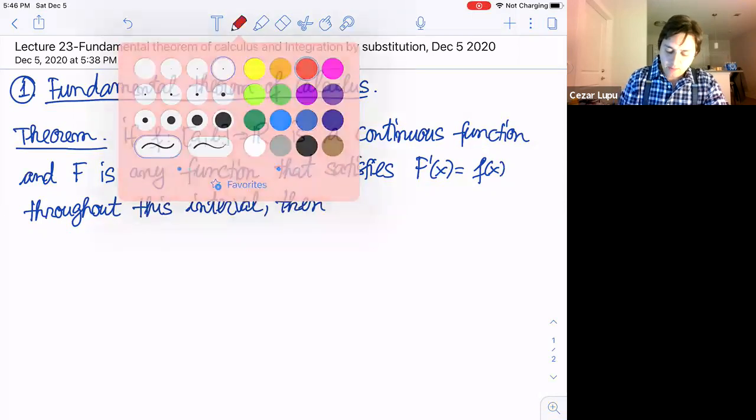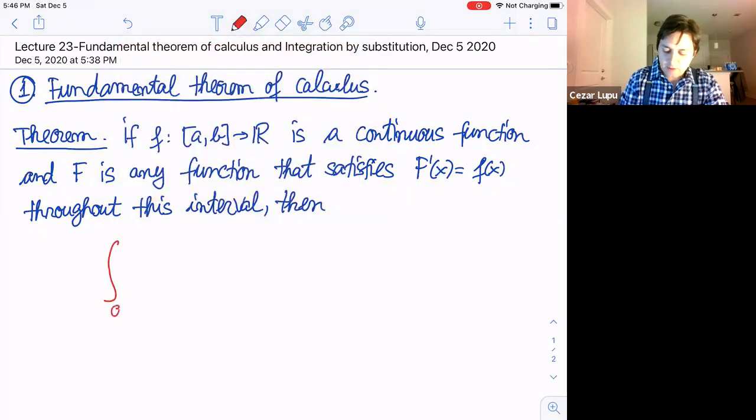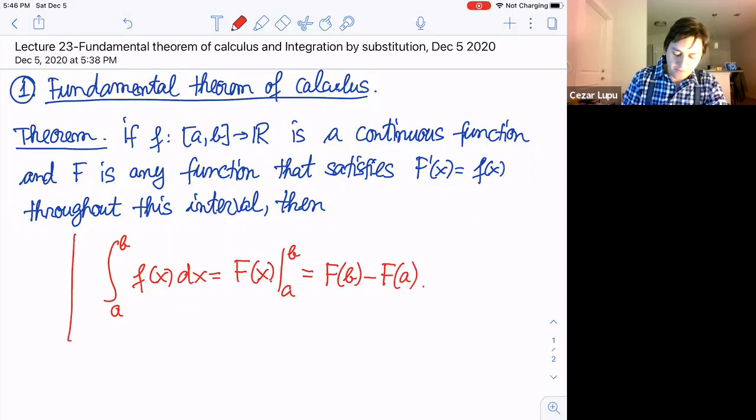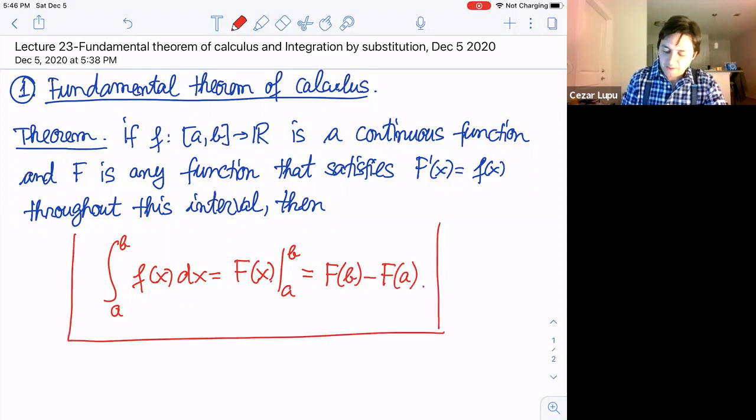And this formula, I'm going to write it like this. It's the integral from a to b of f of x dx, which will be nothing else than the antiderivative F of x from a to b. And this will be nothing else than F of b, so F evaluated at the point b, minus F evaluated at a. So this is the most important formula in the entire course.